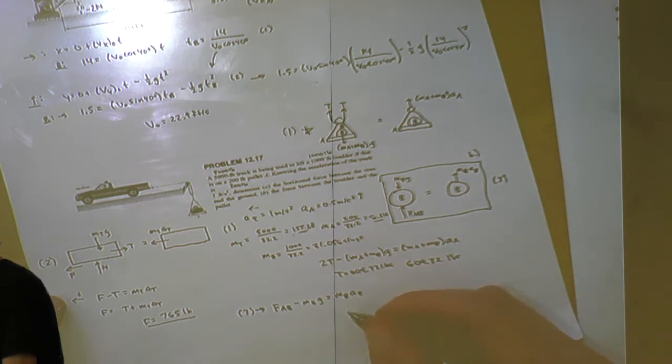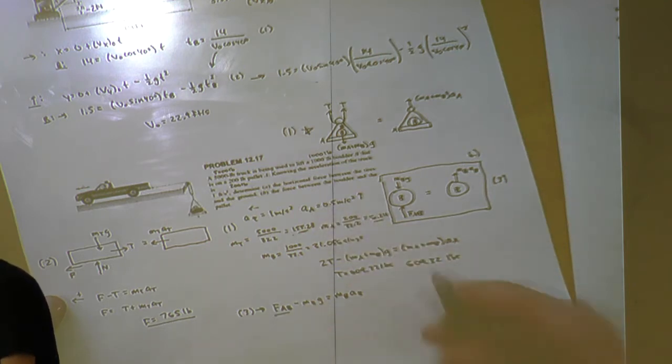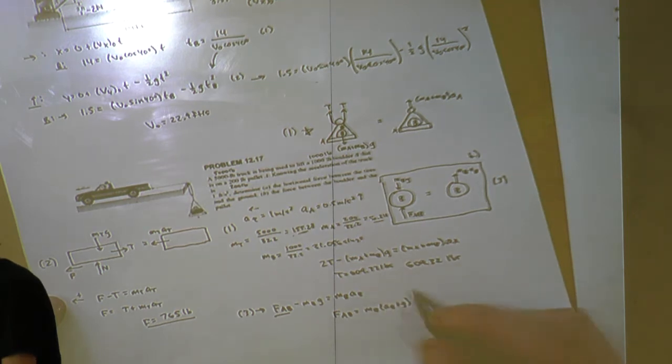And what are we solving for? The force between the boulder and the pallet, so we're solving for FAB. We end up getting FAB is equal to MB times AB plus G. We have all this information, so we just plug it in.